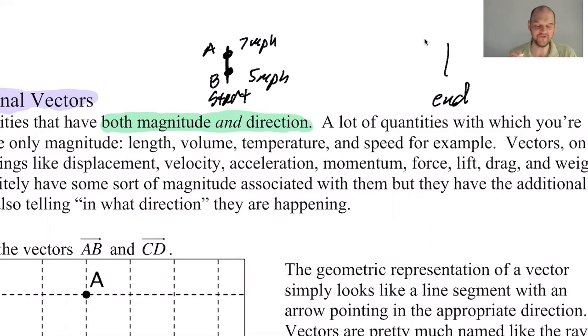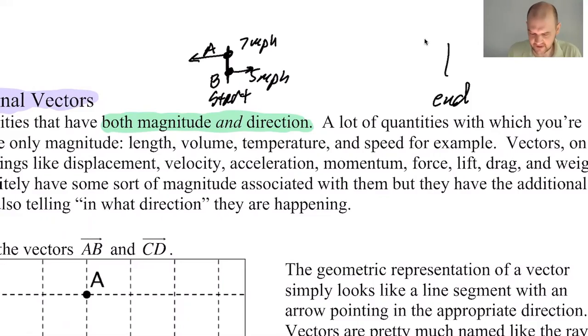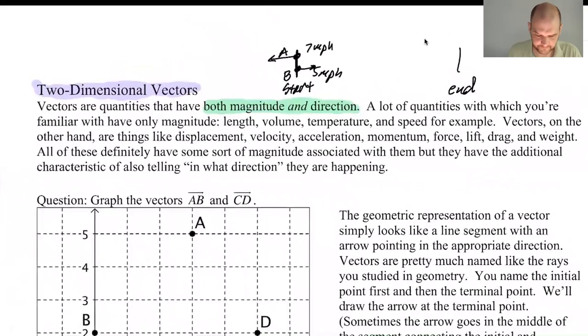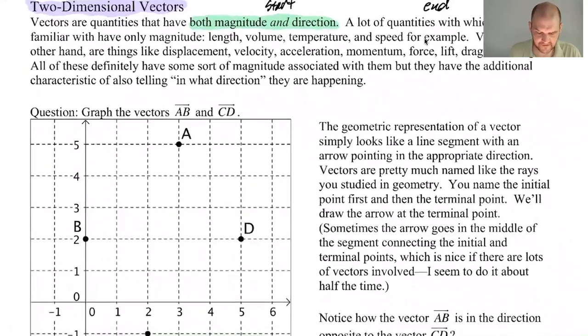What if you knew that A was going to go 7 miles per hour, but in this direction, whereas B is going to go 5 miles per hour, but in this direction? Now you're betting on B. So this is where vectors come in handy, because they give you a magnitude, the 5 or the 7, and the direction. It's just more information. So let's see what they mean for us initially.